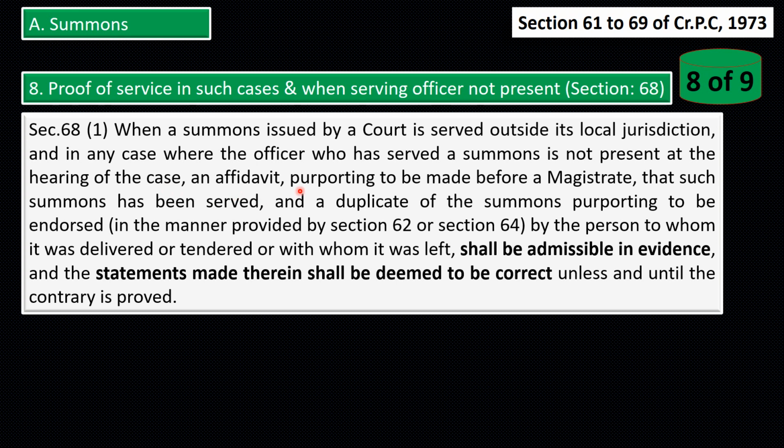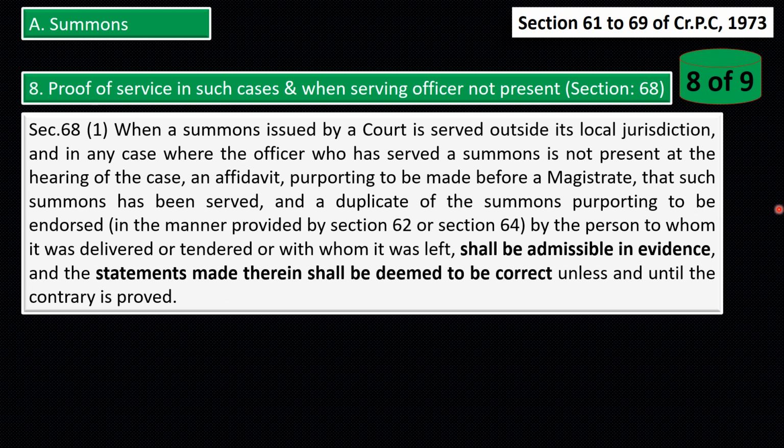an affidavit purporting to be made before a magistrate that such summons has been served, and a duplicate of the summons purporting to be endorsed in a manner provided under section 62 or section 64, as explained before, by the person to whom it is delivered or tendered or with whom it was left, shall be admissible in evidence, and the statements made therein shall be deemed to be correct unless and until the contrary is proved.